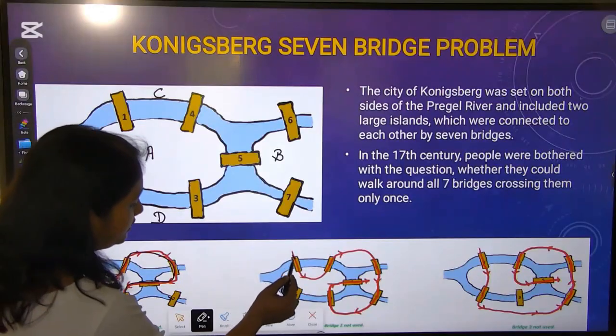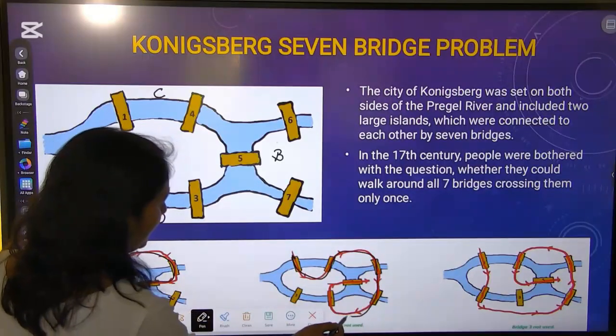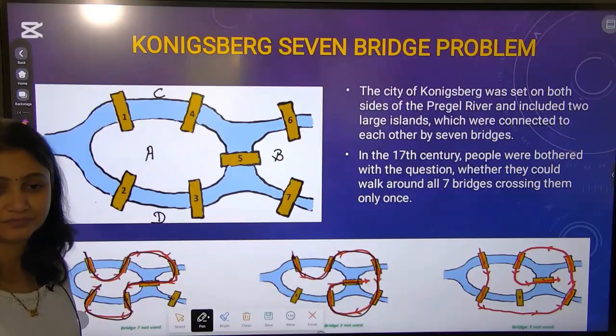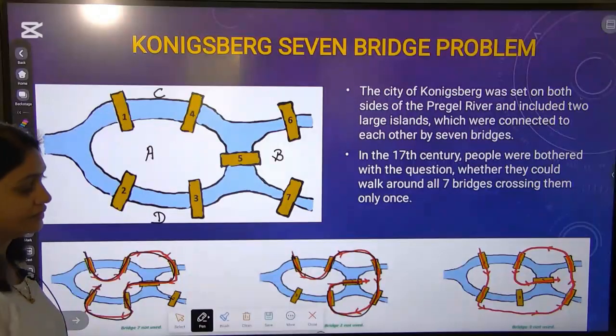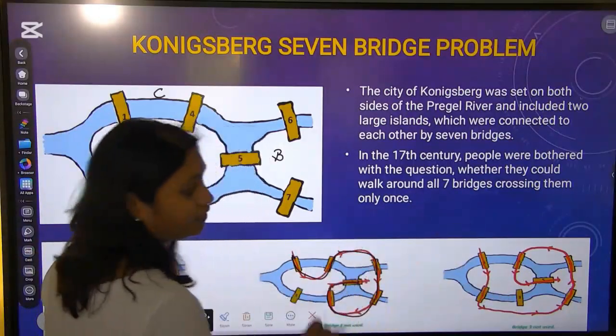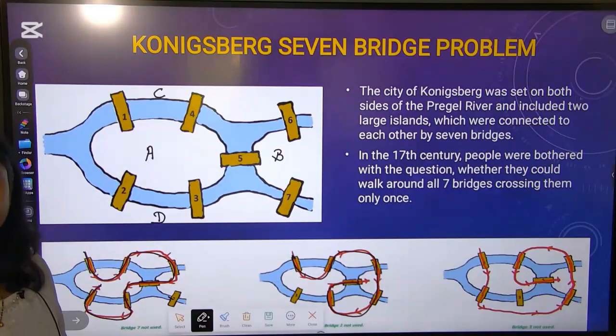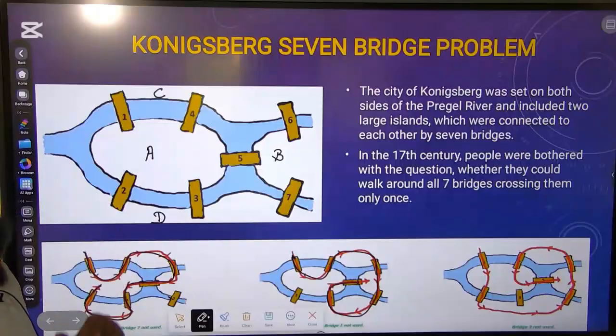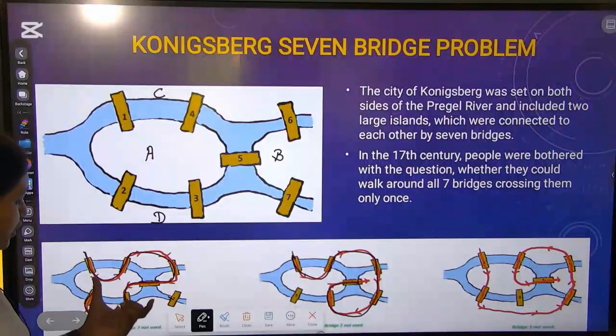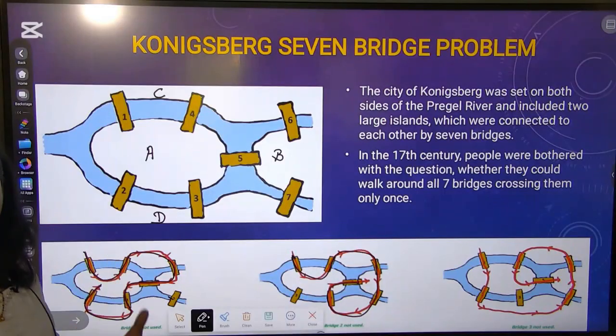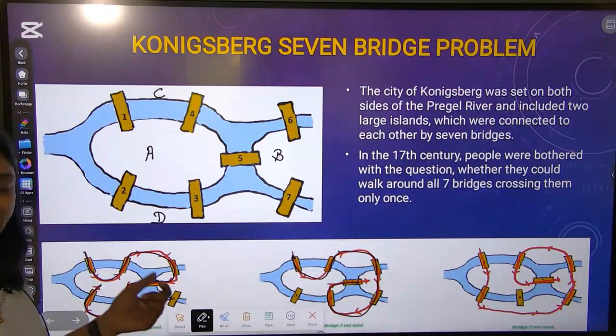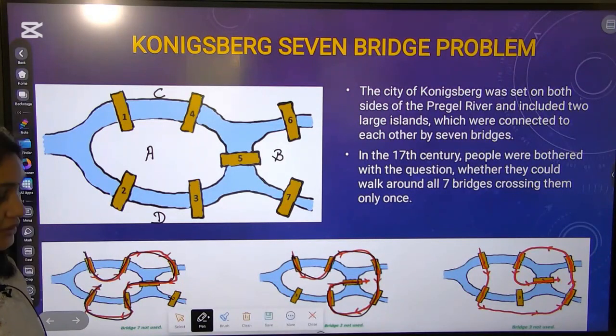Again here, this is the path. Again this bridge has been left. This is the path. One of the bridges has been left by them, and they want to travel each bridge only once. So if they want to cross all the bridges, then they must travel one bridge 2 times.